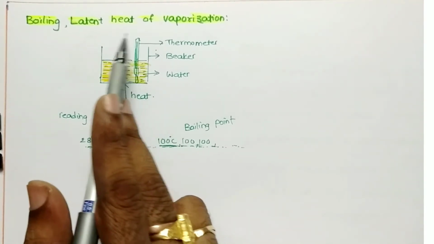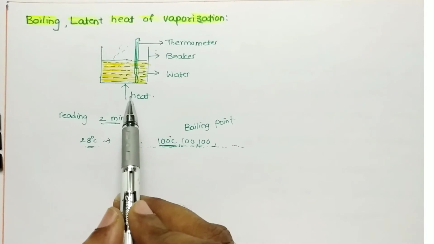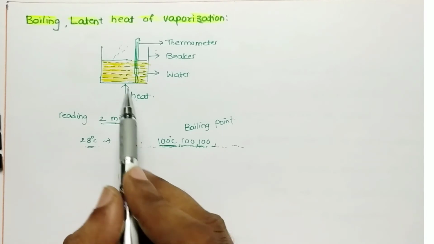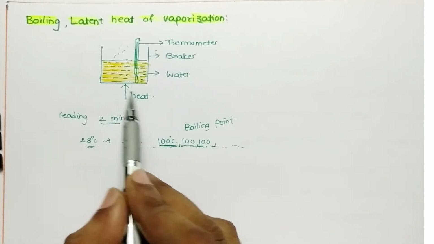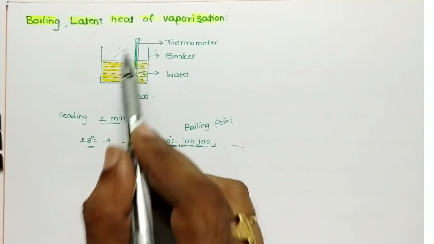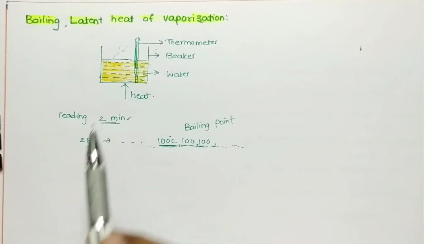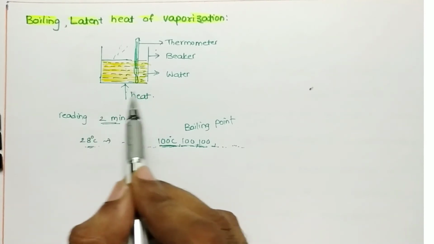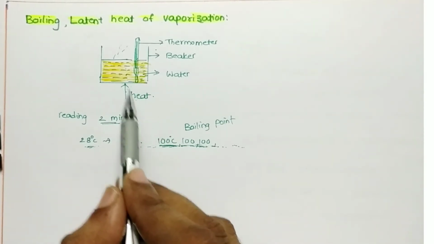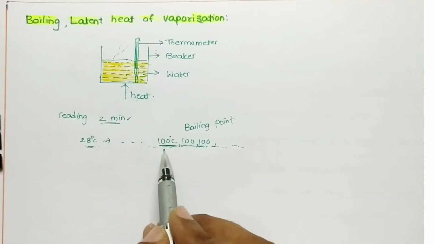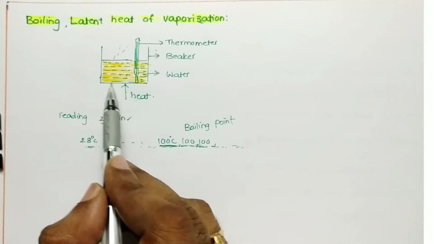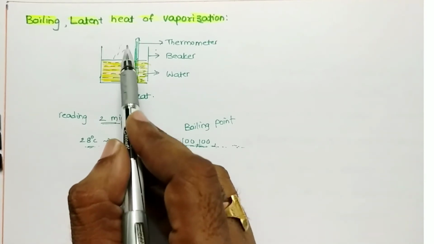Next, to understand latent heat of vaporization: even though the temperature does not rise above 100 degrees centigrade, we keep giving heat quantity. All the heat quantity we give is used to convert all the water here into vapor. So even though we are giving heat energy to the water, the temperature of water is not increased. Why? Because the heat energy is utilized to convert the water into vapor.